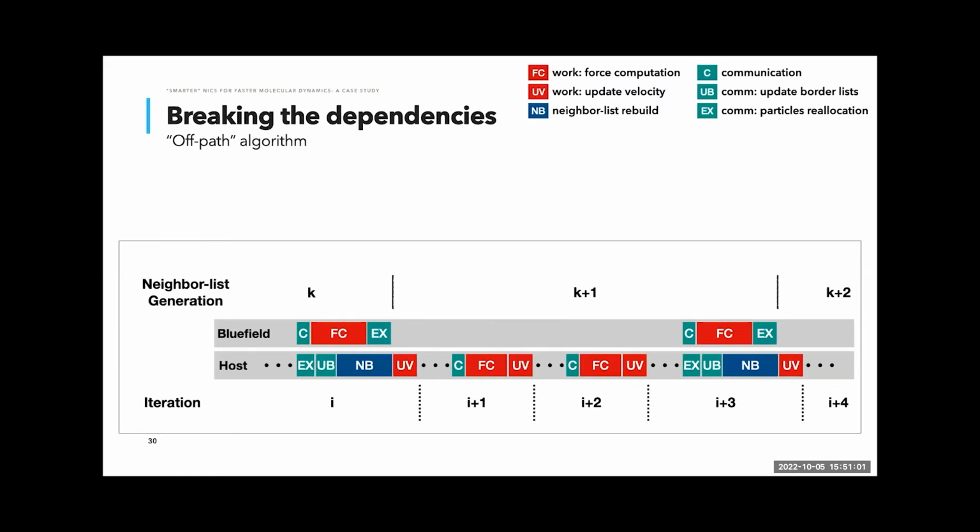We run the force computation on BlueField in parallel with neighbor build, which is run on the host. The neighbor build is more compute heavy compared to the force compute, and since the host CPU is faster than the BlueField CPU, it makes sense to run force compute on BlueField and the neighbor build on the host.